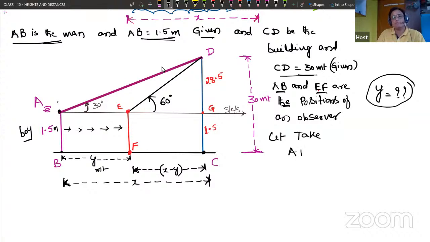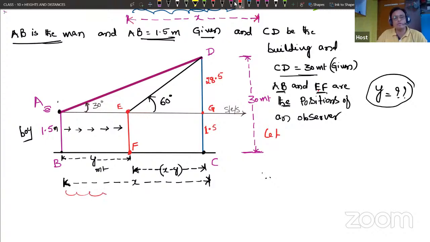AE or BF is equal to Y. Let the total distance be X here.